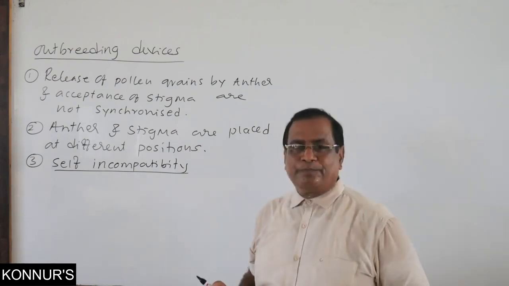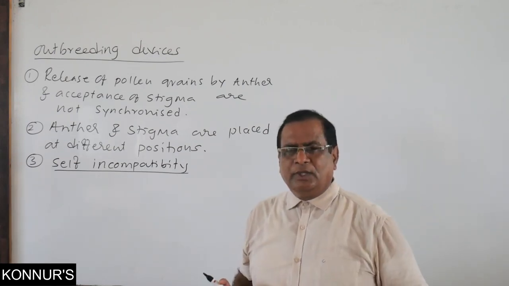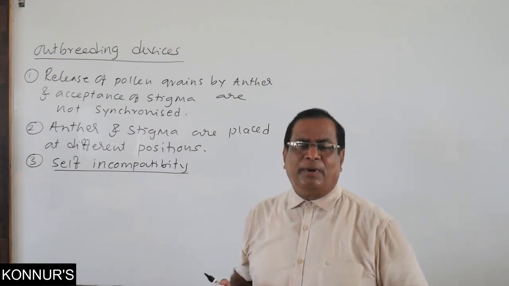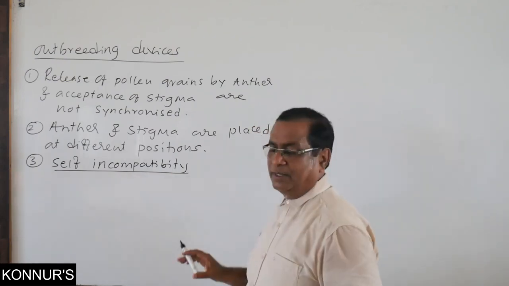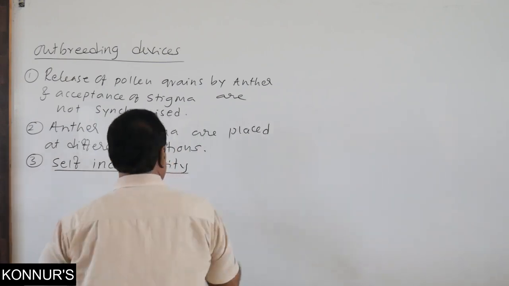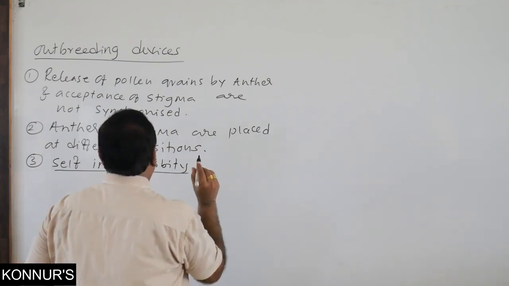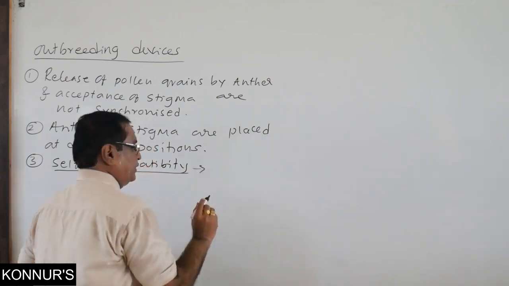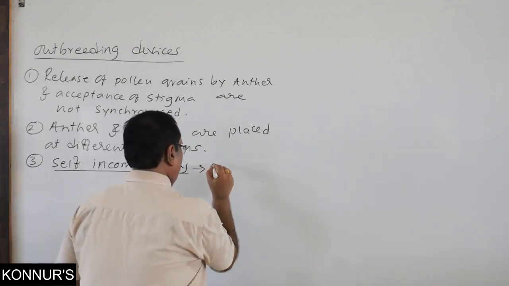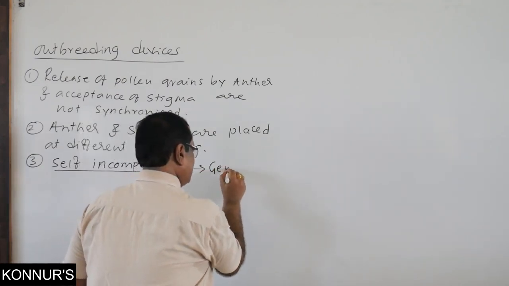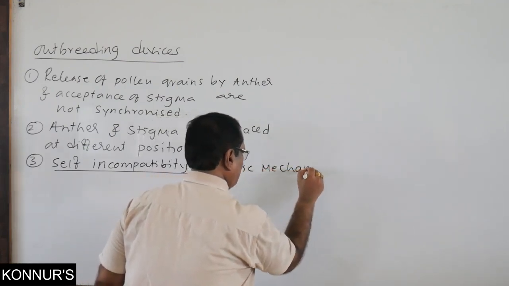But here, even though pollen grains fall on the stigma, they are not accepted by the stigma. So self-incompatibility, remember, is in outbreeding devices. Which of the following is a genetic mechanism? This is the genetic mechanism. It is another NEET question as well.